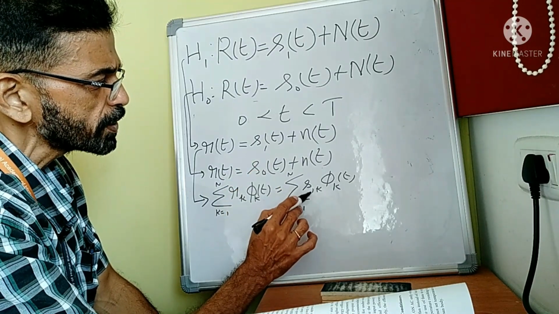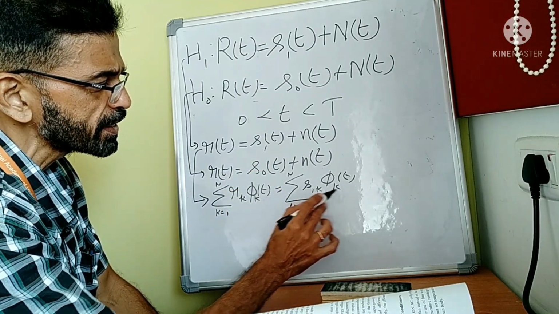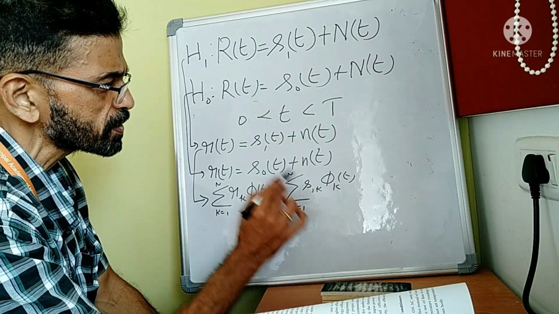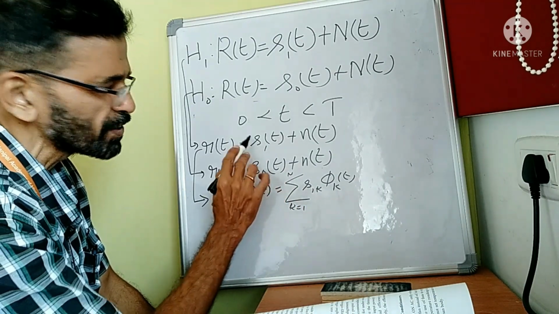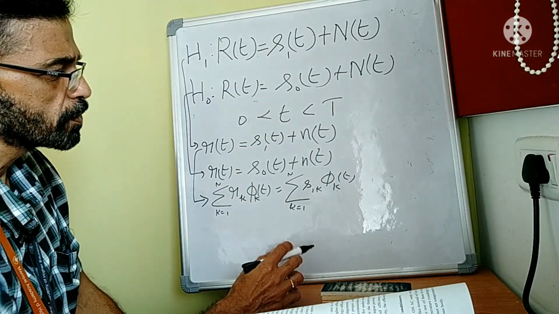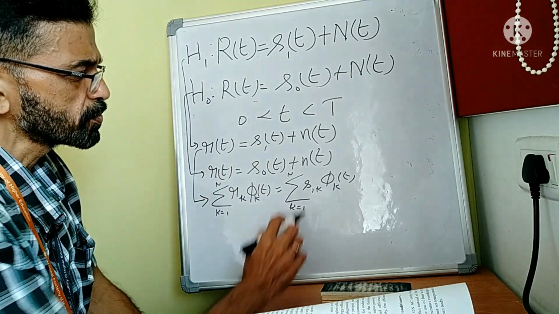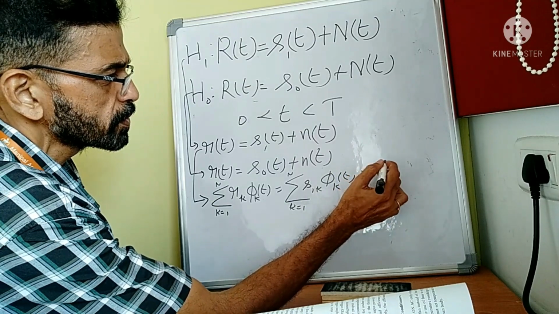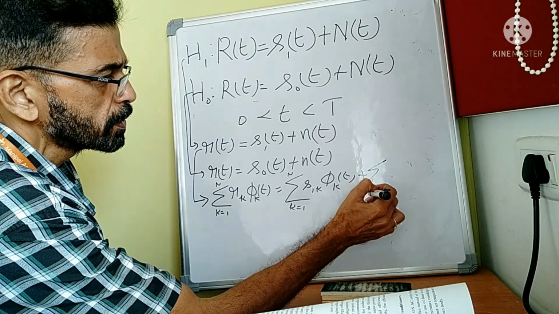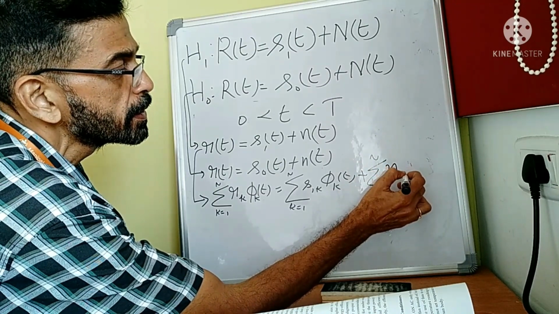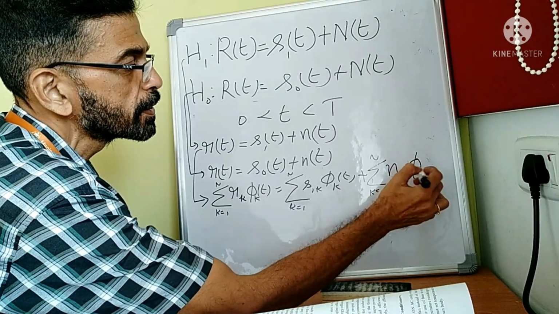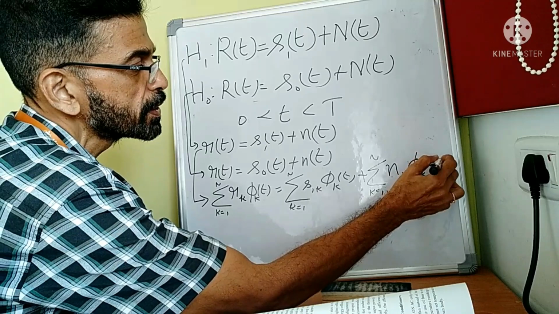So S1k, k stands for this index, and the first subscript stands for the signals corresponding to the hypothesis, plus the noise series, k equal to 1 to n, n_k phi_k(t).